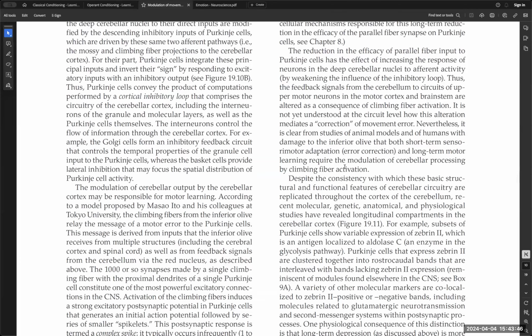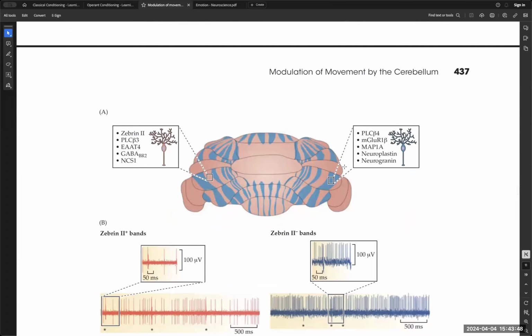Okay, so we talked basically about how this works, and ultimately, there's another kind of molecular parcellation of the function of the cerebellum, based on a molecule that we call Zebrin-2.